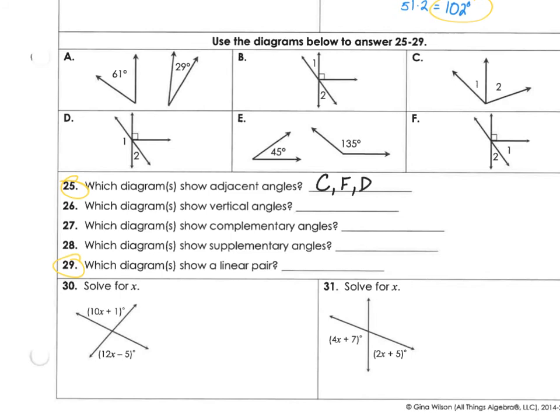Okay. So a linear pair would be two angles that would add up to equal 90. There's only, or wait, no, sorry. 180, sorry, because they make a line. There's only one that would do this. Nope.